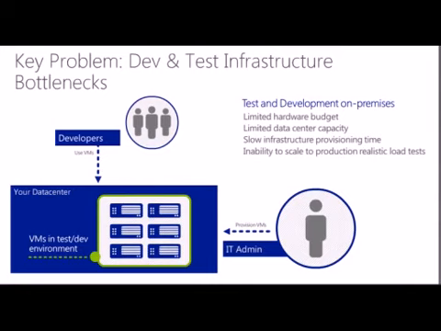Firstly, very similar to what we said earlier about the need for on-off type computing, you've got a limited hardware budget, limited capacity. You may well have your IT department add some latency in delivering these environments to you at the right time. And maybe there is an inability within that hardware to actually scale to production levels that you may well have with load testing and such like. So there are a few problems that you may well see.